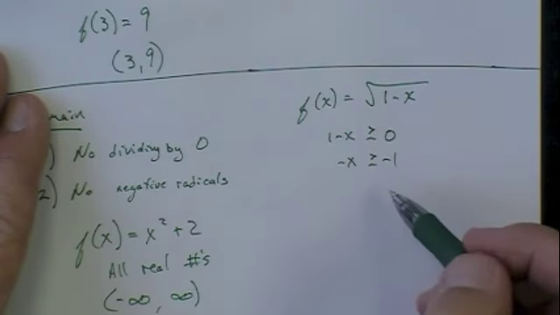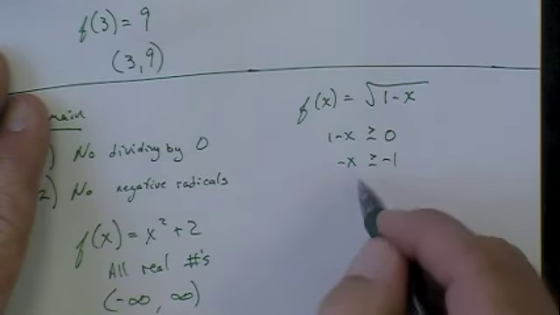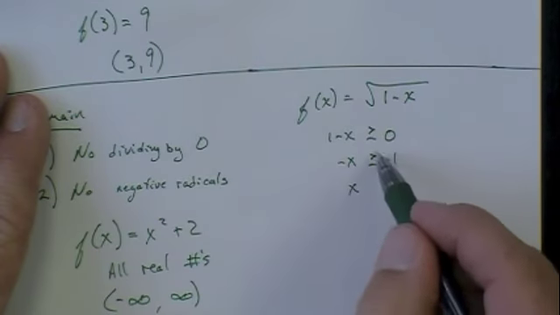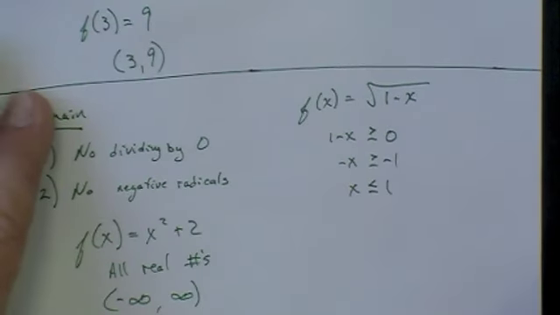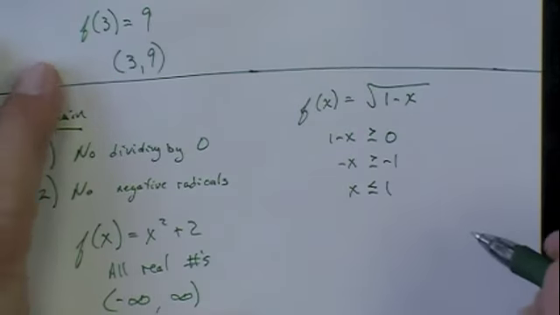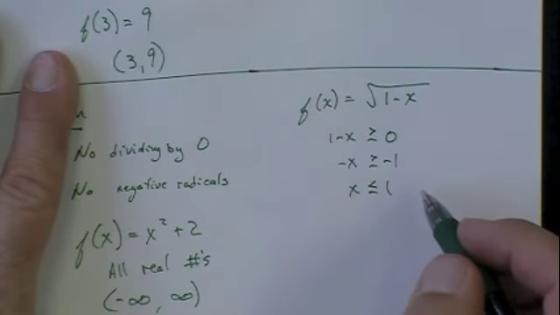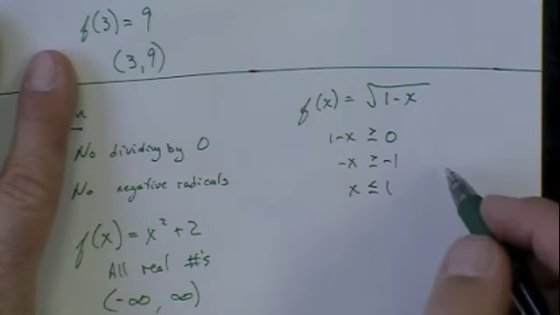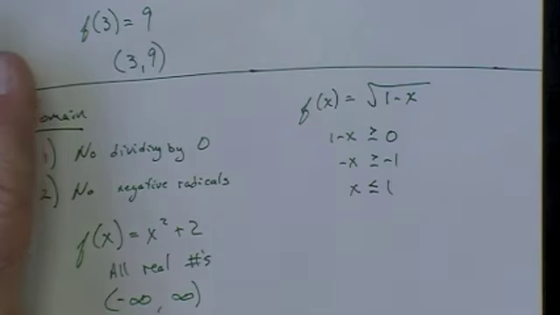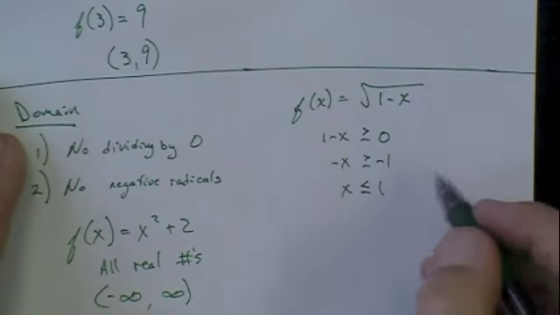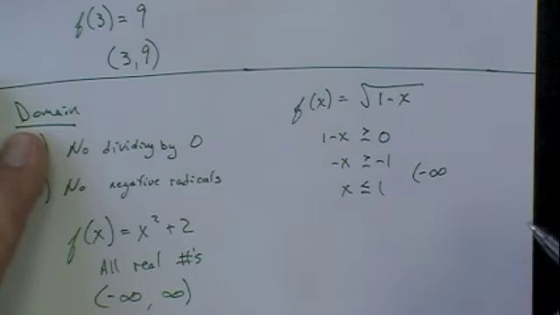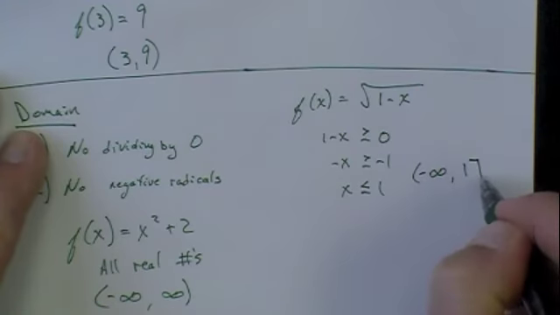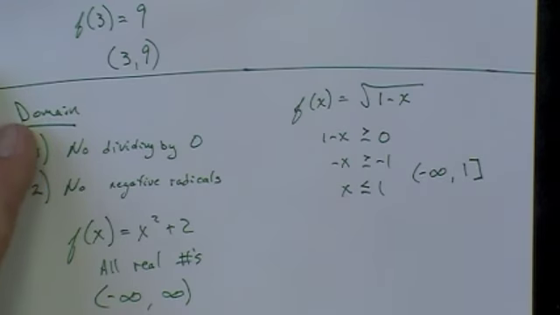Then we divide by -1, multiply by -1, change the sign on both sides. Remember to change this sign as well, x is less than or equal to 1. So then again, we can show our domain to say that x is less than or equal to 1. So to show that, we're going to go from negative infinity to 1, and if we put the bracket, then that's going to include that value because we're saying that it is equal to 1.